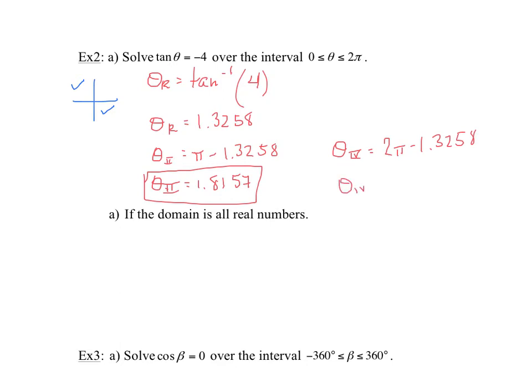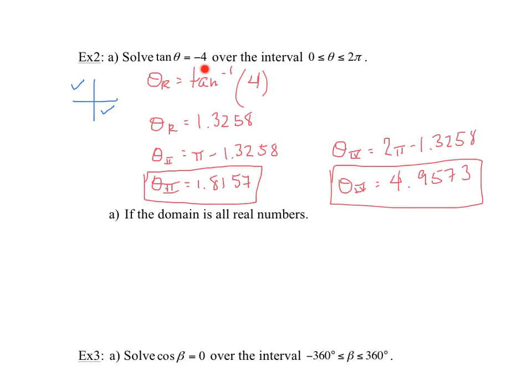Our angle in the fourth quadrant is equal to 4.9573. Those are the two solutions from 0 to 2 pi.